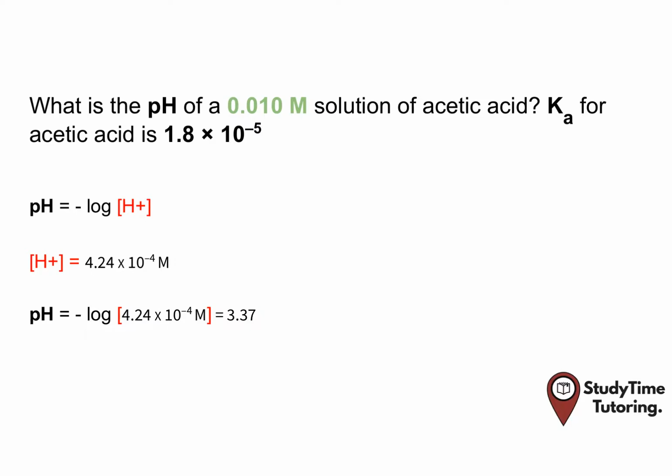And from the last problem, we got the hydrogen ion concentration at 4.24 times 10 to the negative fourth. So all I'm going to do is just plug that number into a calculator, take the negative log of that number, and it's going to give me 3.37. So that means the pH here is simply 3.37.